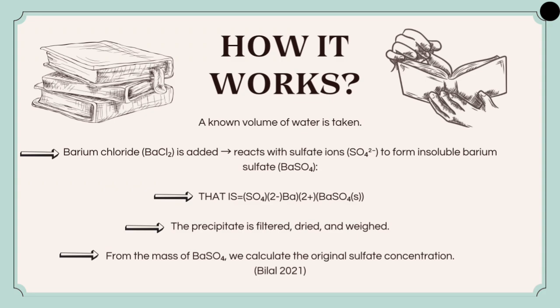The barium sulfate precipitate is then filtered, dried, and weighed. From the mass of BaSO4, we can calculate how much sulfate was originally in the water sample. This method helps us know the sulfate concentration accurately.